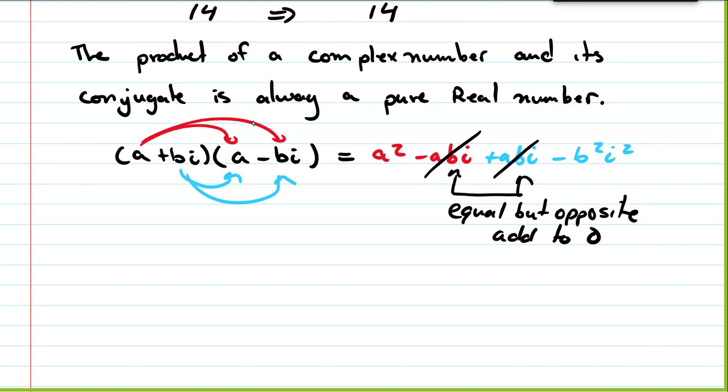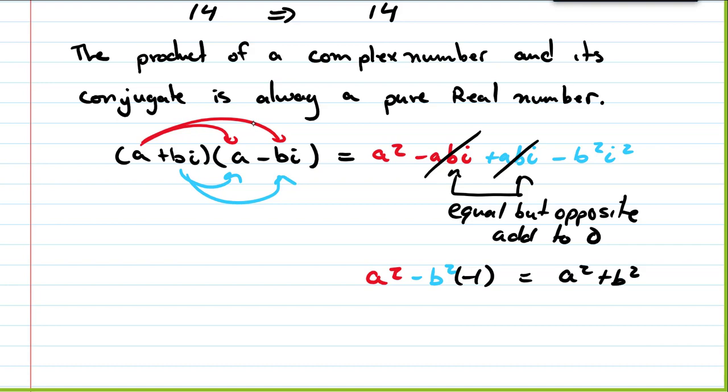So then we also recall that i squared is negative 1. So that's negative b squared times negative 1. And a negative times a negative makes it positive. So we get a squared plus b squared.